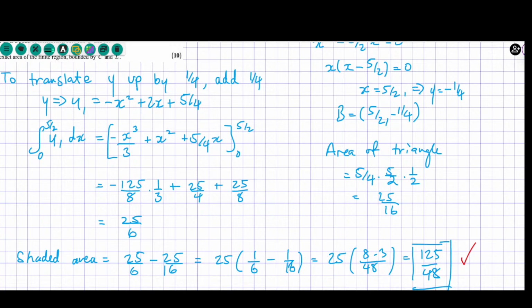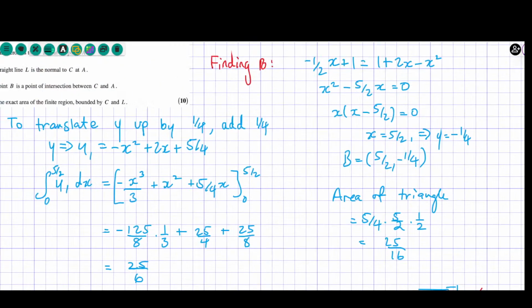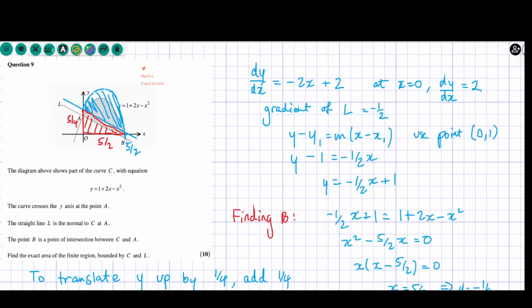So one other method is to take the integral of y, subtract L, which would also give you that shaded area. But either method is fine.